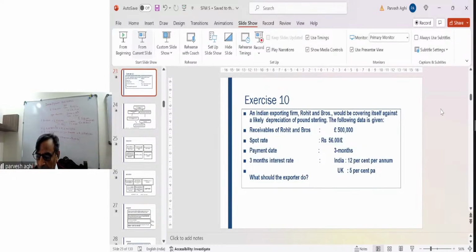Of course, Rohit and Brothers felt that the pound will depreciate, but in fact the rates are suggesting that the pound sterling will actually appreciate. So he may not require any kind of hedging as such. But since the forward rates are not given, we are going to try the hedging technique called money market hedge to understand. So in this case, we are going to use the money market hedge.